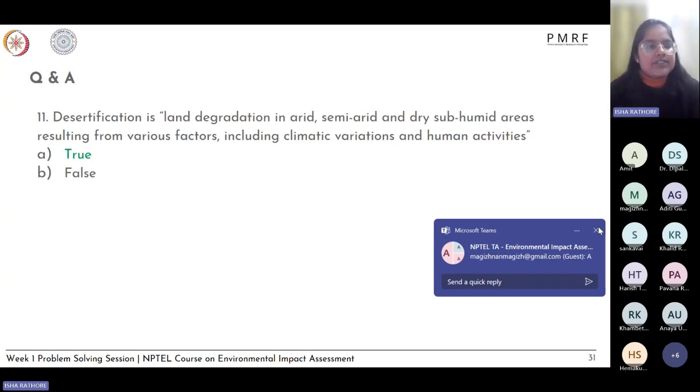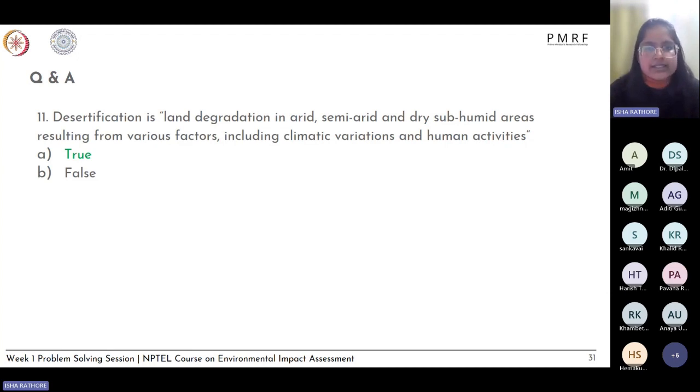The definition of desertification is land degradation in arid, semi-arid, and dry subhumid areas resulting from various factors, including climatic variations and human activities. So from an examination point of view, I would like to highlight that definitions are very critical. I would suggest you make notes of the definitions of key terms from each lecture unit and revise them before your final NPTEL exam, because definitions are truly significant to this course.